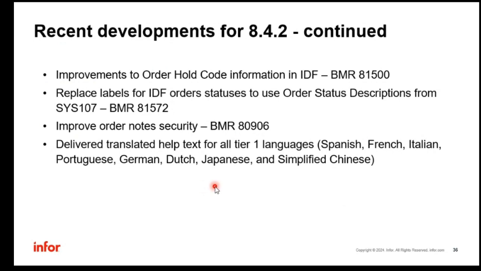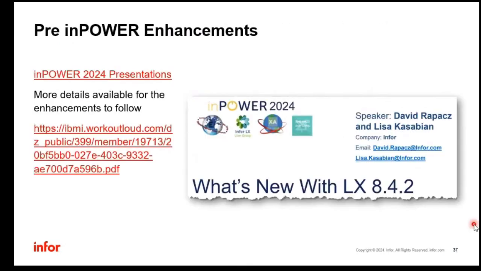Now, there are a whole series of enhancements that came out after 842 went GA. And I'm not going to get into all of those. They're in the presentation at a high level from a Beamer standpoint. So you have the Beamer numbers and just a high level of what they do.